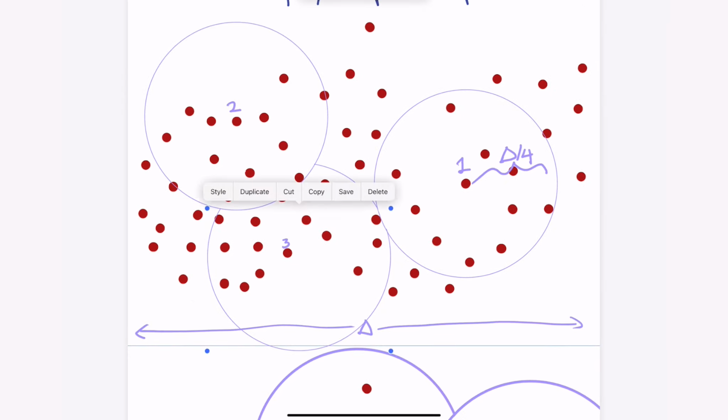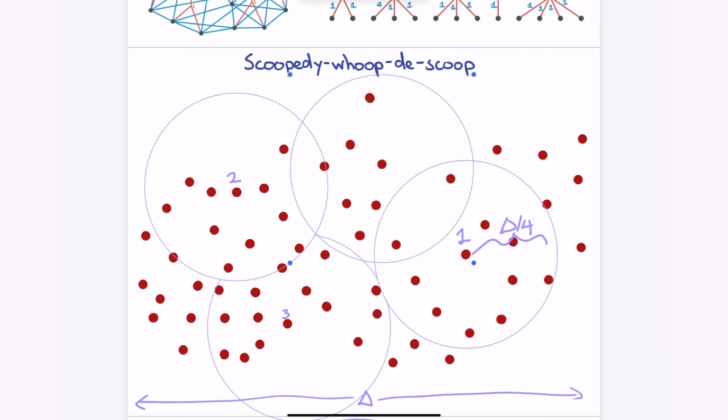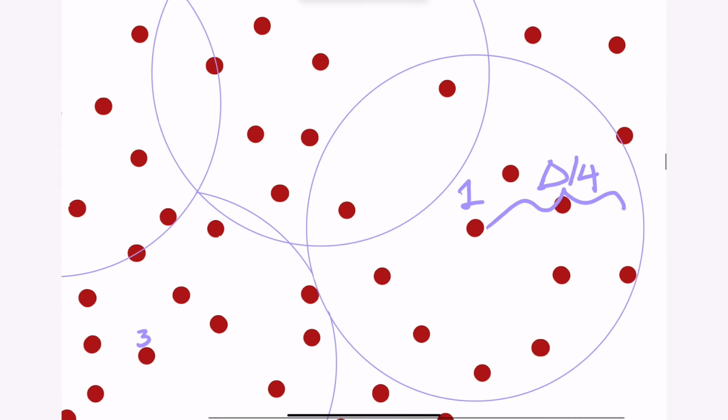Then, uniformly sampled, you scoop out another one. You scoop out this point or something, and so on and so forth.